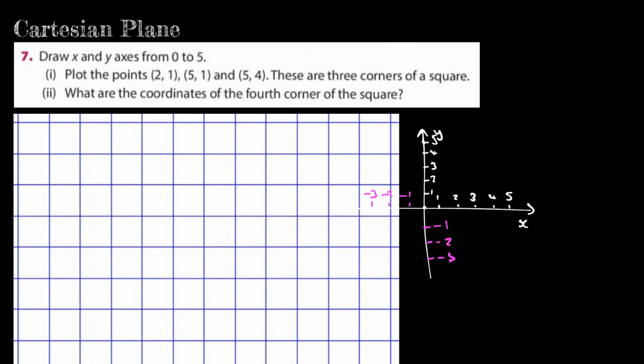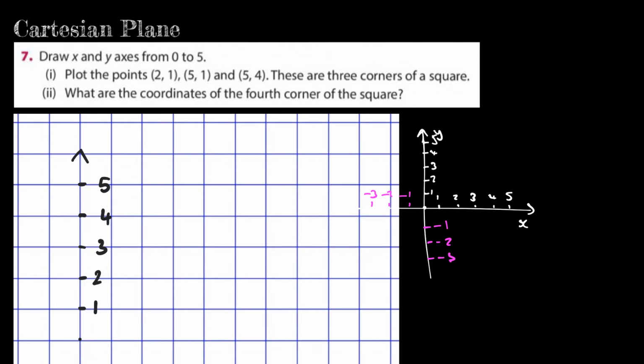So for instance, I would find this point here. Now what I do then is I give myself a bit of room. So I'll say I'm going to start 5 here, 4 here, 3 here, 2 here, 1 here, and then obviously 0 is the bottom.